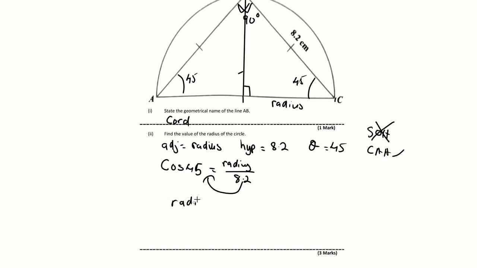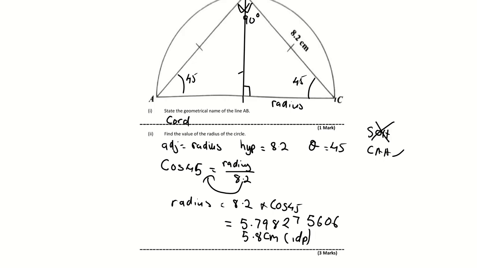So my radius is going to be 8.2 times cos 45, which is equal to 5.7982755605, which is 5.8 centimeters to one decimal place. Do we understand this, guys? Alright, let's go to the next question.